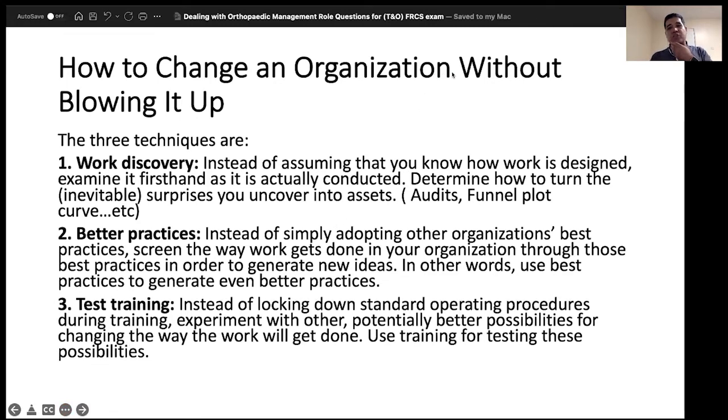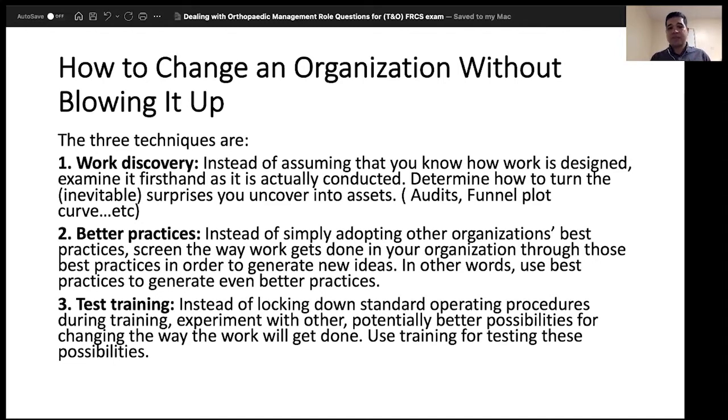So how to change? What are the steps to change any organization or unit without blowing it up? There are 3 techniques, and every name here is a buzzword in the exam.